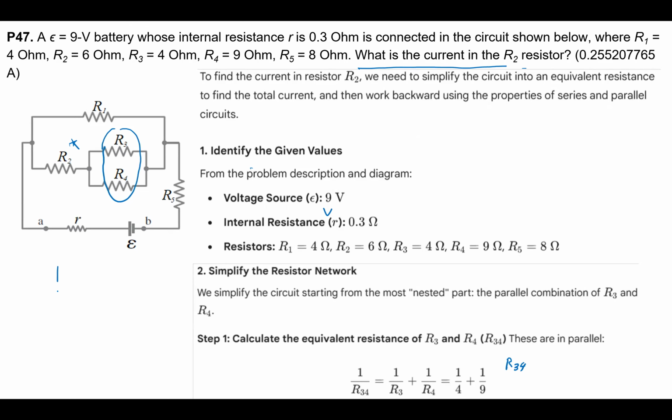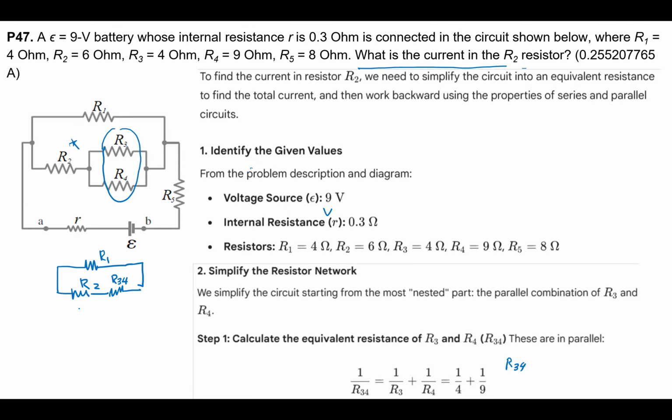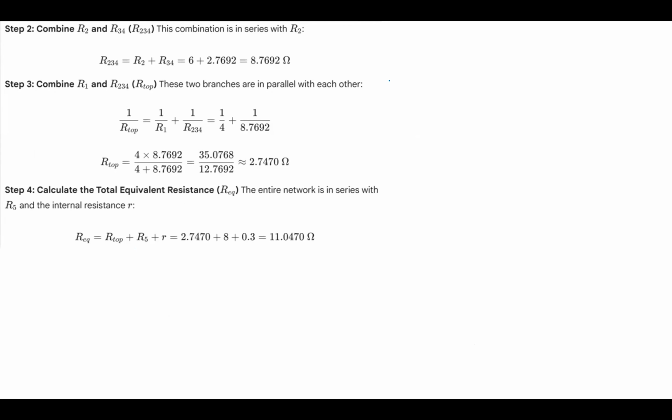So now we have R1, R2, and R34. Okay. And combining R2 and R34, this one will give you R234. So we have this one.